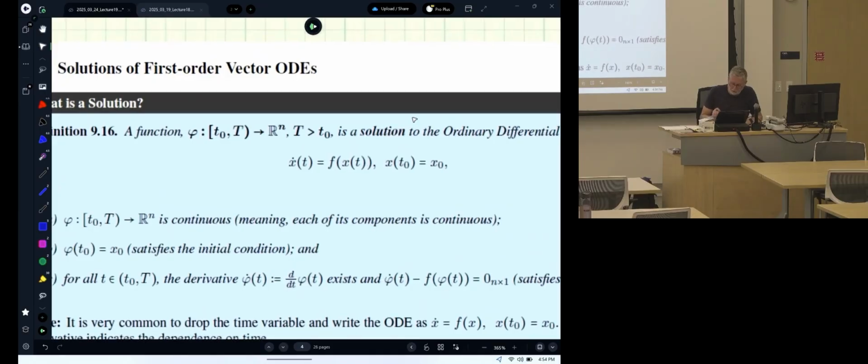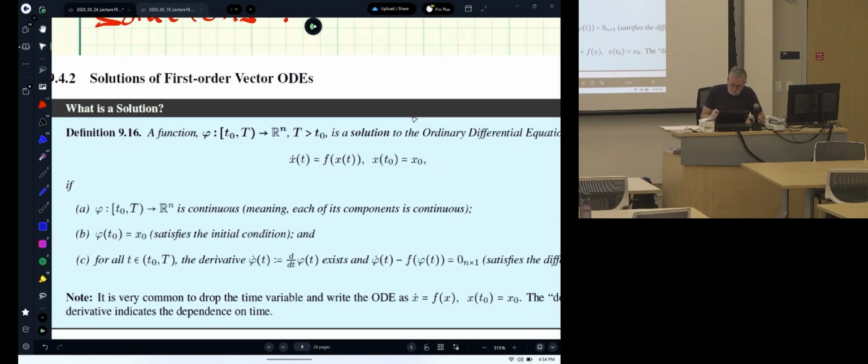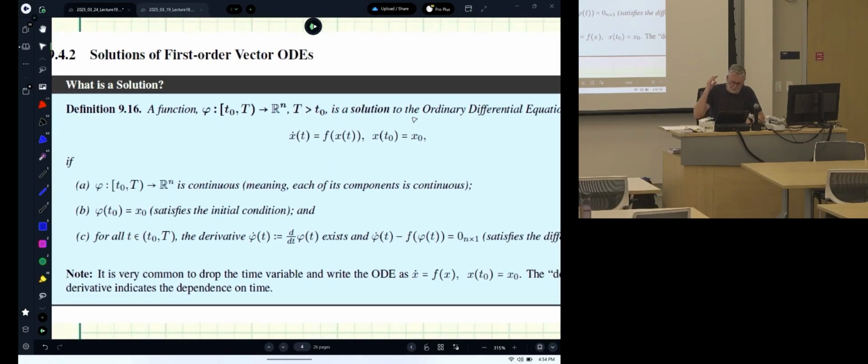Function phi, which is vector valued but depends upon the scalar variable time, is a solution if it is continuous, meaning each of its components, so it has a phi 1 and a phi 2 and a phi 3, those are all continuous functions. It satisfies the initial condition. So phi at t0 is x at 0.